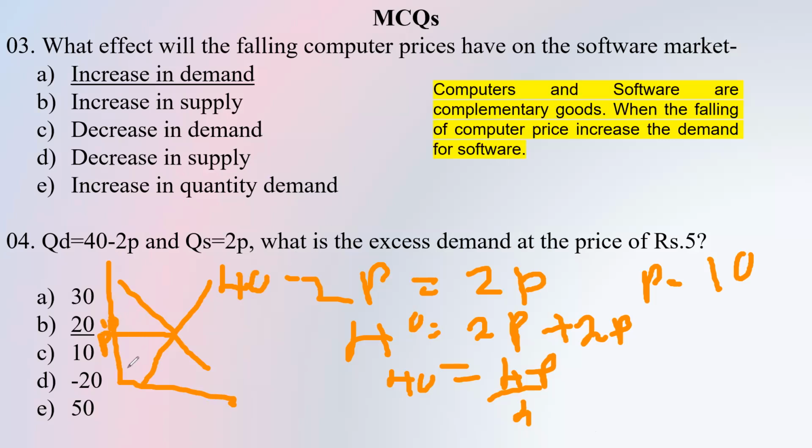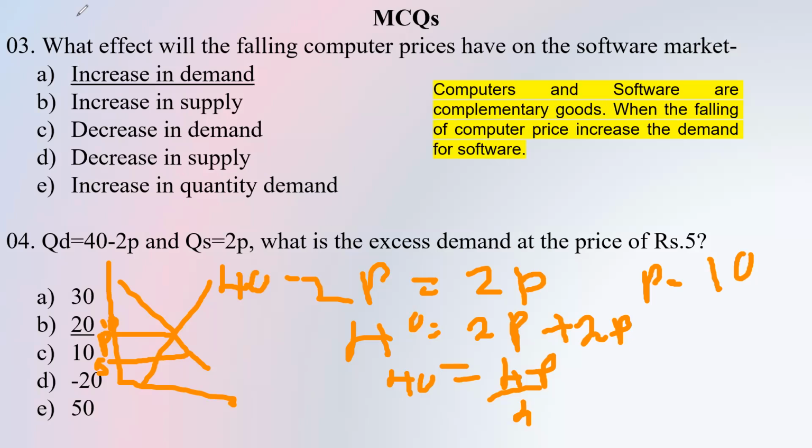So when we draw, we can see the excess demand when the price is equals to 5. Right? So when the price is equals to 5, they're asking what is the excess demand.